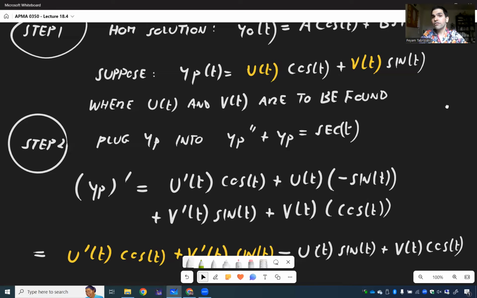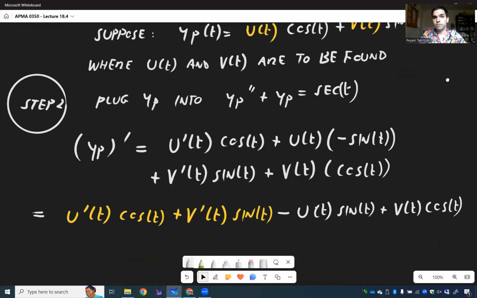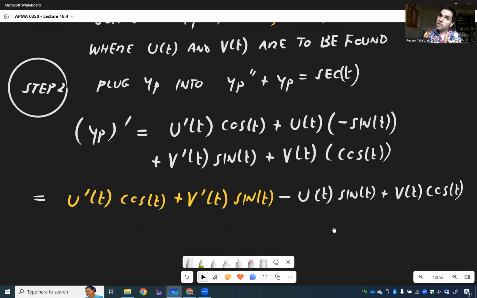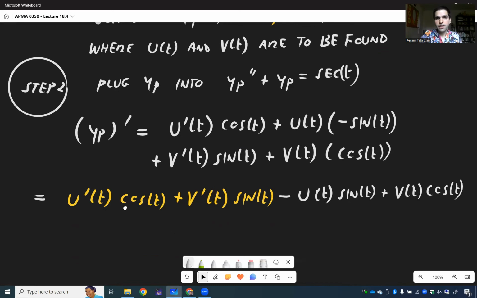Why would you want to have something even more complicated? On the other hand, remember, we only want one u and one v that works. So it's okay to do a couple of simplifications, as long as we're guaranteed to find one u and one v that satisfies the equation.